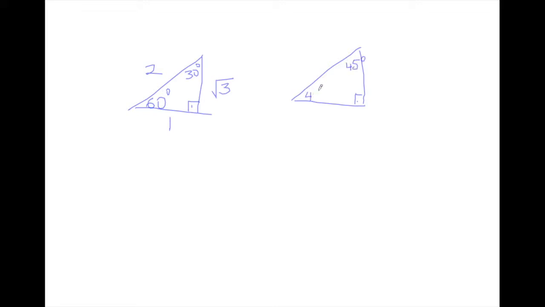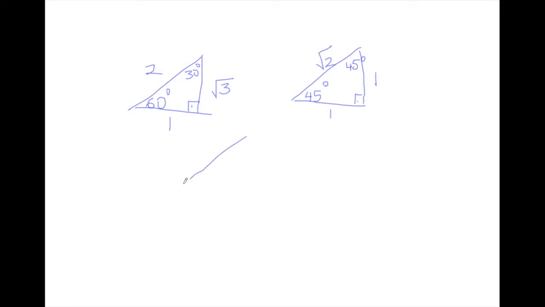An important point to bring up at this time is the special right triangles, the 30, 60, 90 right triangle with side ratios 1, √3, and 2, and the 45, 45, 90 isosceles right triangle with side ratios 1, 1, and √2.